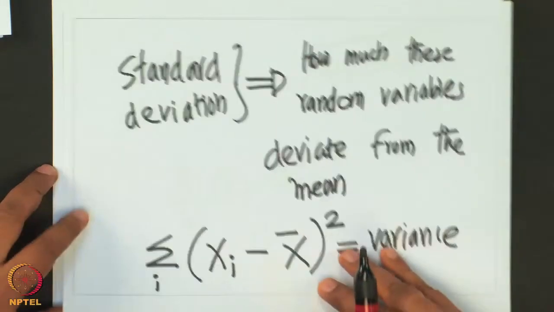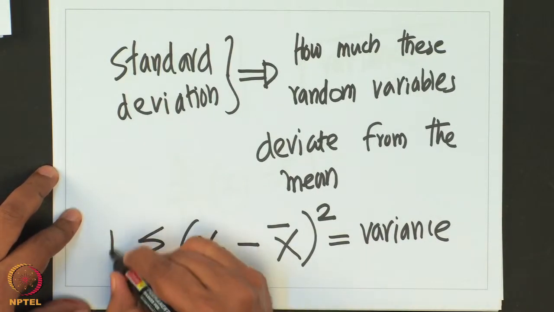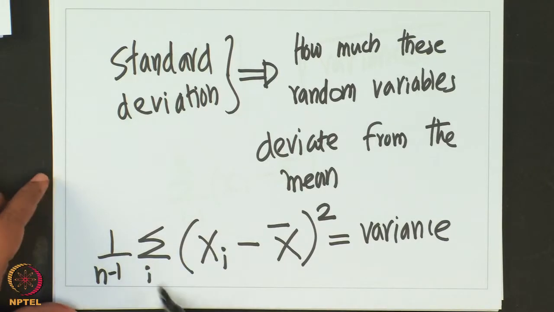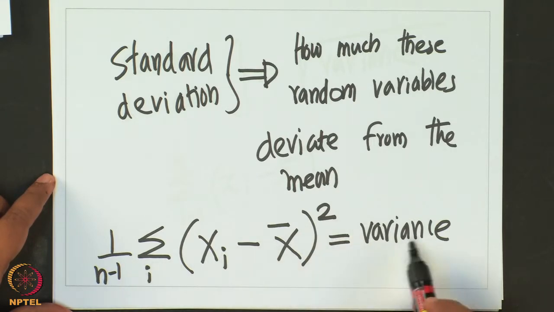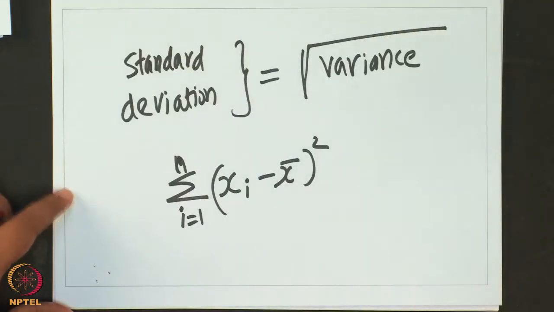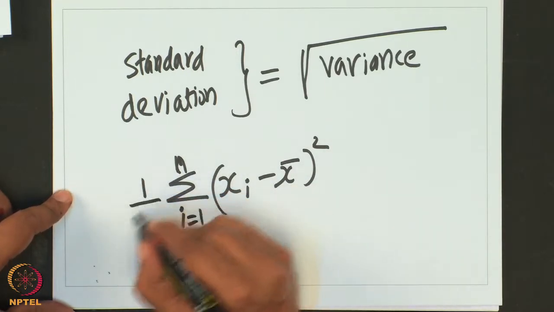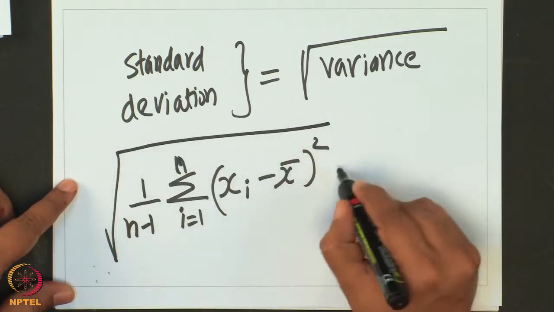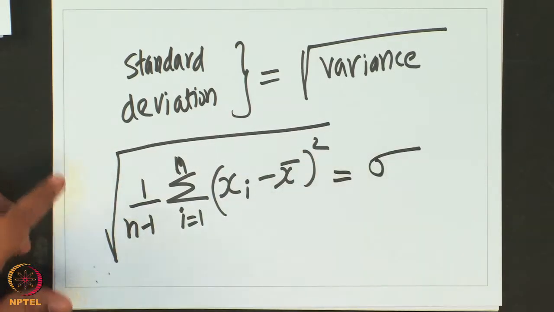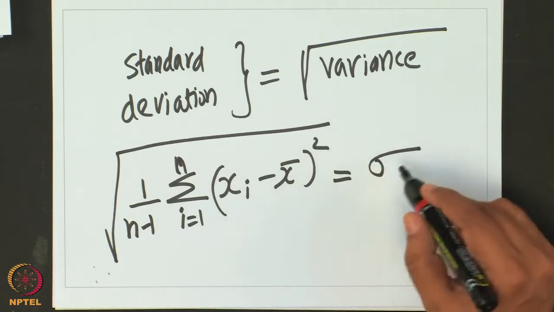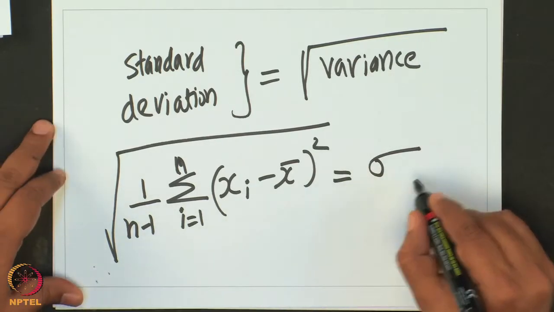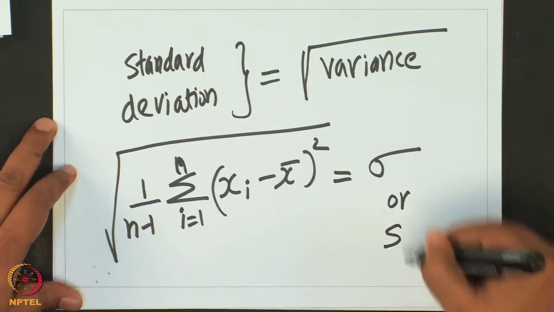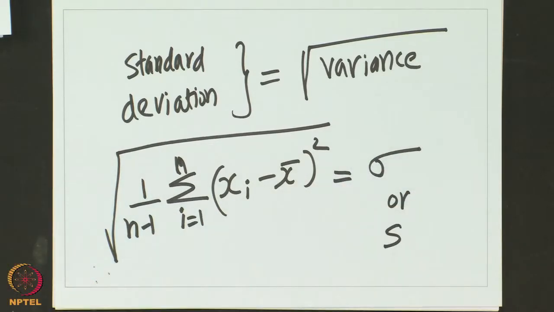Of course you have to divide by n minus 1. Then only this would become the variance. The square root of this is the standard deviation, which sometimes would be represented as sigma or sometimes by s, where sigma square is the variance. This is what we would use to represent this quantity.